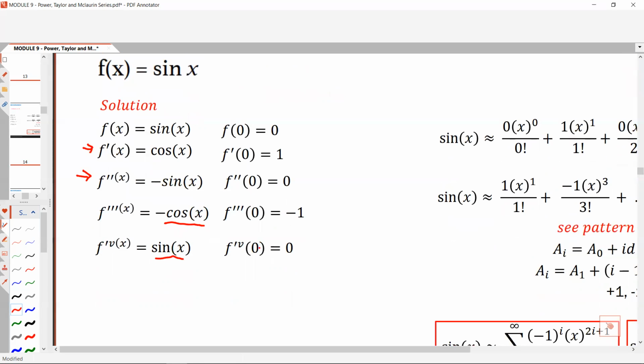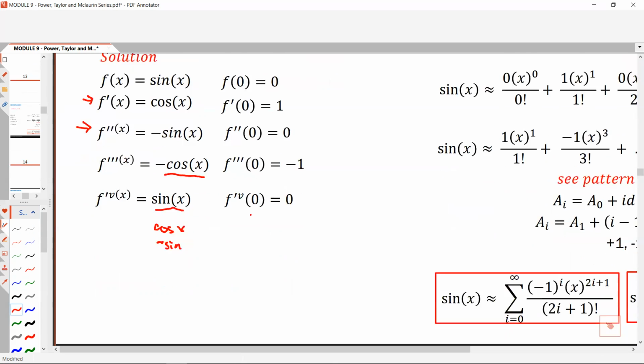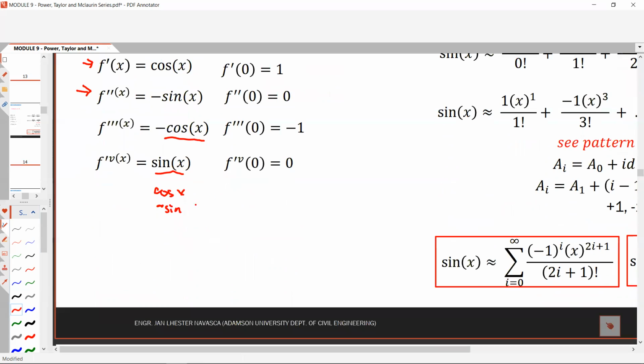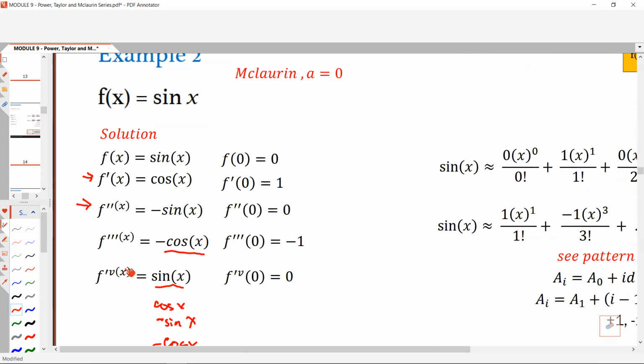If you take the fifth derivative, you go back to the pattern: cosine x, negative sine x, negative cosine x, then it repeats. Typically, by the fourth or fifth derivative you can already find a pattern.